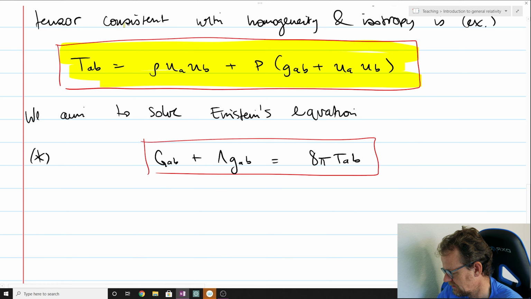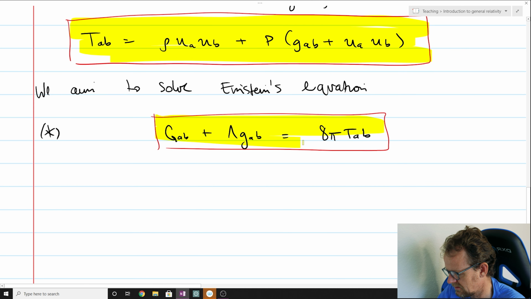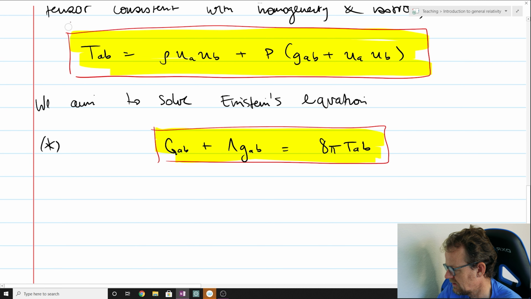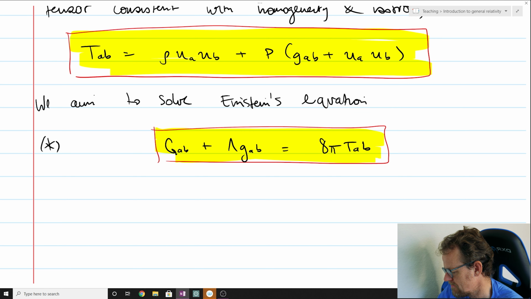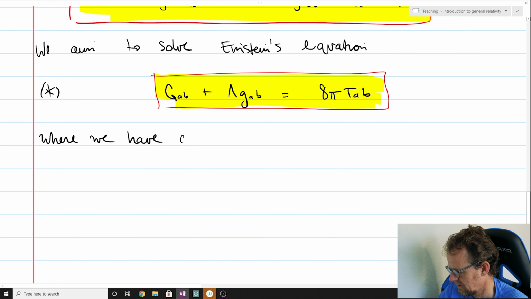It's consistent to add this term to Einstein's field equation. Einstein himself also added this constant term to the field equations, although for very, very different reasons, which if you're interested in the history of general relativity, you can look up.